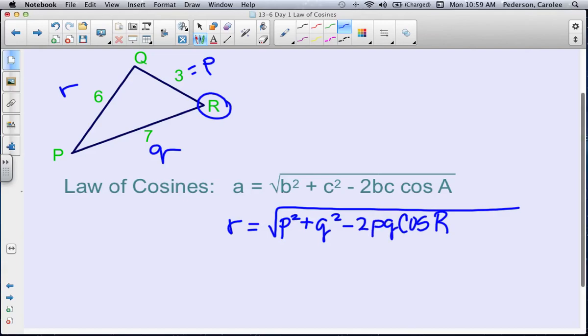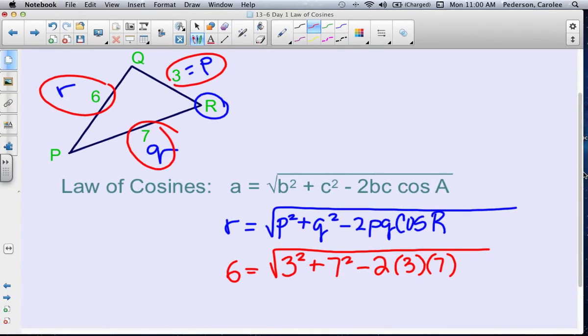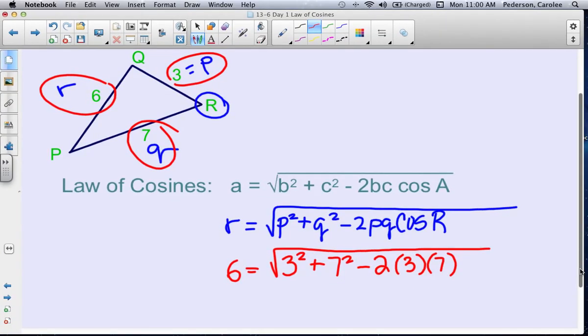And now let's substitute those numbers in. r is 6, so 6 equals the square root of P, which is 3, so 3 squared, plus Q squared, minus 2 times PQ, so 2 times 3 times 7, times the cosine of R, and R is our unknown still.